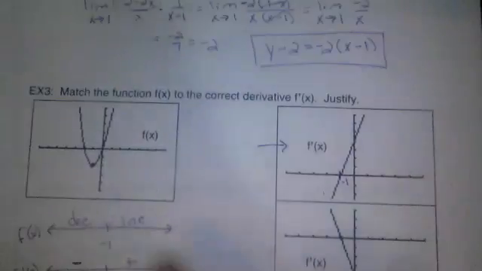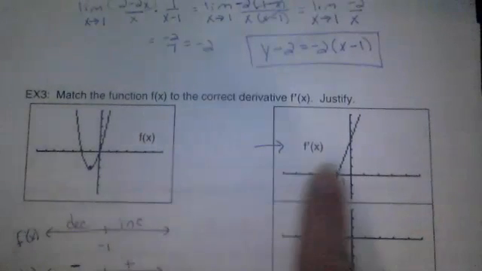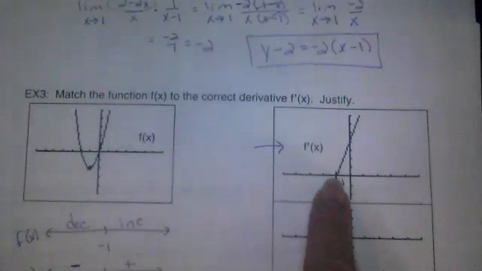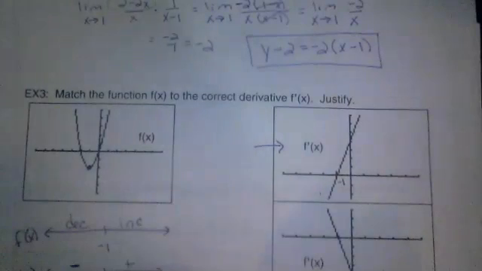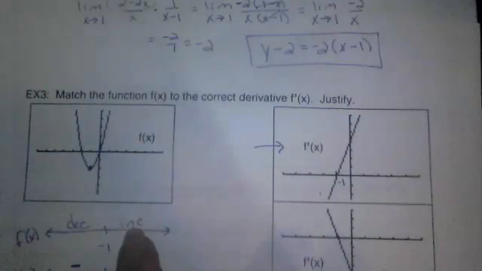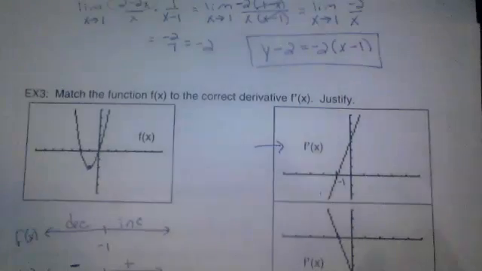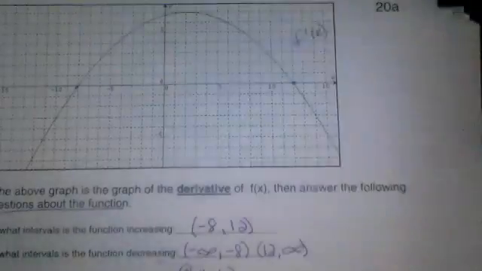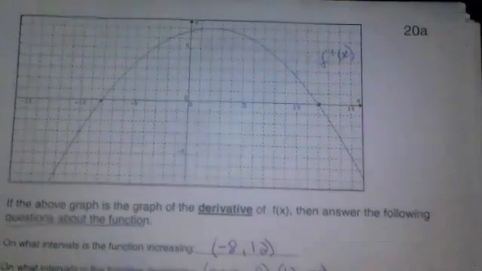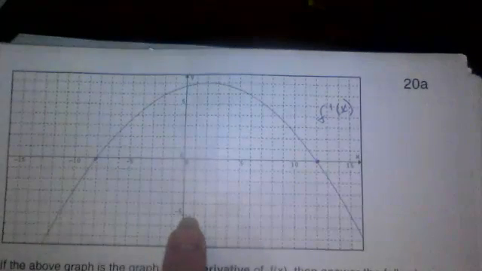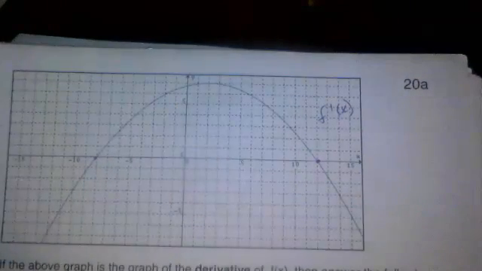But over here on example 3, they started us off with the function graph and asked us about its derivative. So I know that this one is a sign analysis, one is increase, decrease. You just have to be sure you keep all of that straight, because it makes a huge difference when you start answering questions. If you had thought that this was the function graph, then your derivative would have been a line, and all of these answers would have been different. So just be very, very careful.